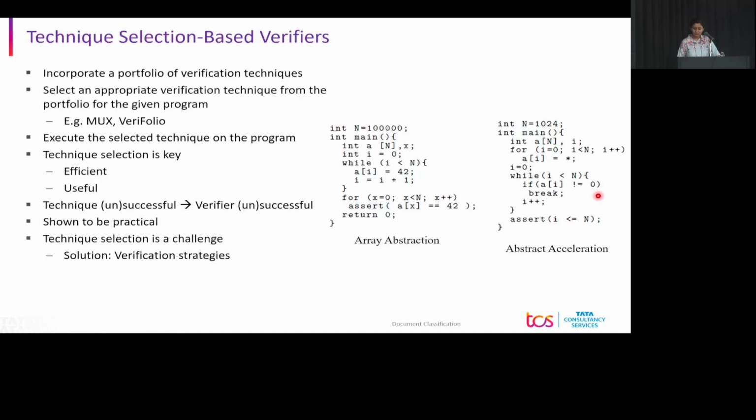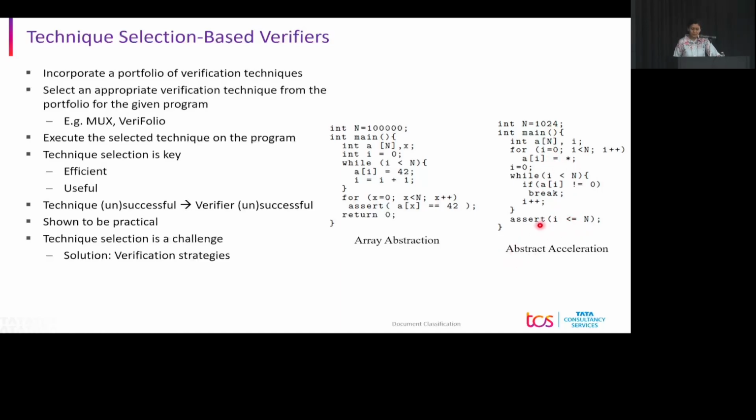Now here is another program which also goes to the elements of an array of, say, a large size, and it initializes it with some value. And then later it is iterating over this array, and it is breaking in between, and it is just checking that the value of i is less than or equal to n for all executions.